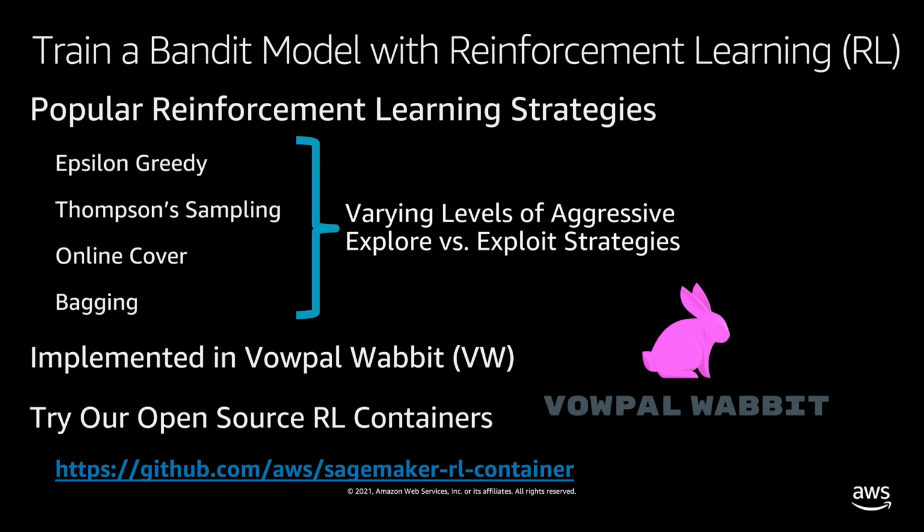Let's talk a little bit about, so I just spoke about 2 BERT models. The third model that we will be deploying here in a bit is our Bandit model. And this model we will train with reinforcement learning. Each time a model is used, either model variant 1 or 2 for this specific case, so TensorFlow or PyTorch, as those models make accurate predictions, they will be rewarded. And the Bandit then learns which of these variants is actually providing the best accuracy.